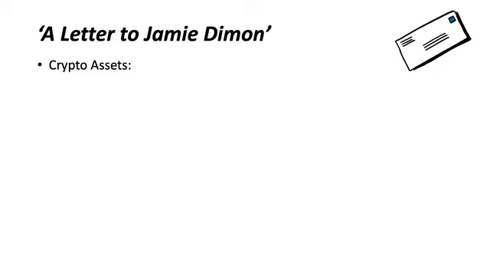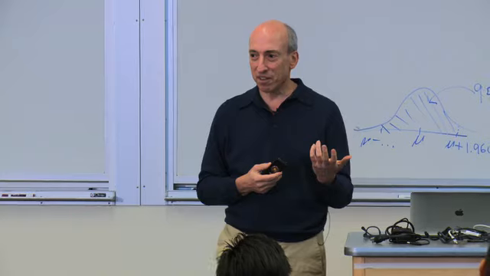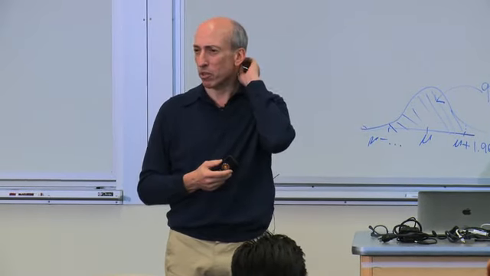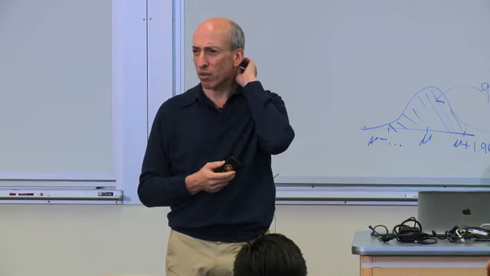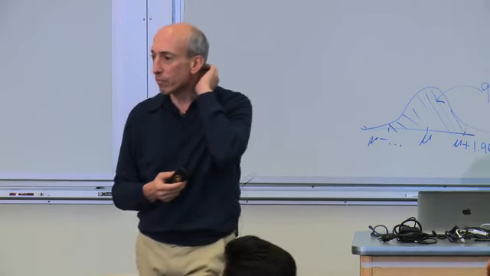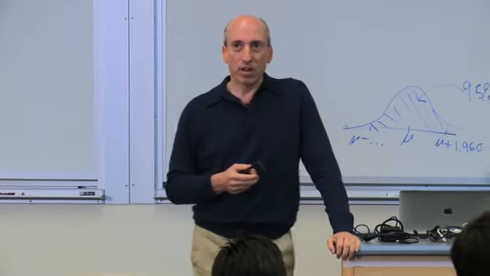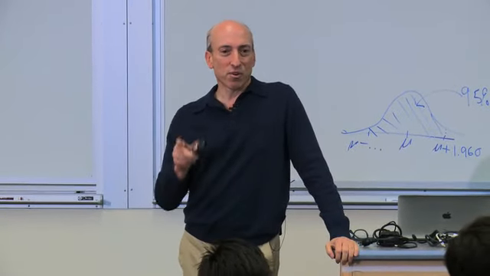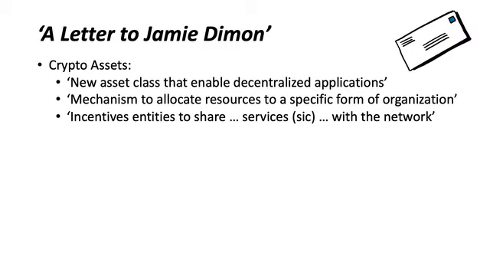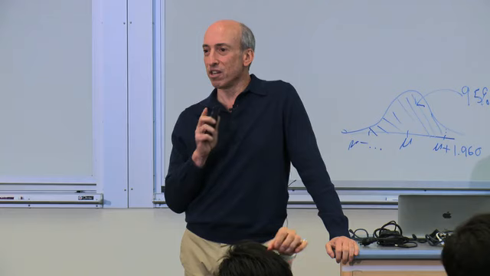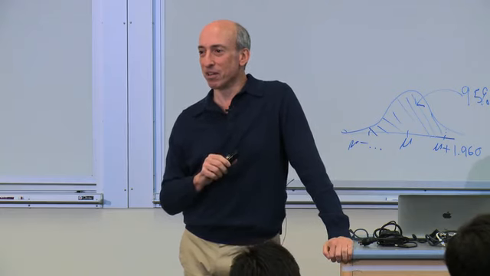But more specifically, he did define, it was kind of interesting, crypto assets. I'm trying to remember the gentleman who wrote it because it was on Chain. It was the head of the Chain. What's that? Adam Ludman. But he too said, let's not use the word cryptocurrency, let's use the word crypto assets. They enable a decentralized application. And that was a key thing he was trying to say to Jamie Dimon.